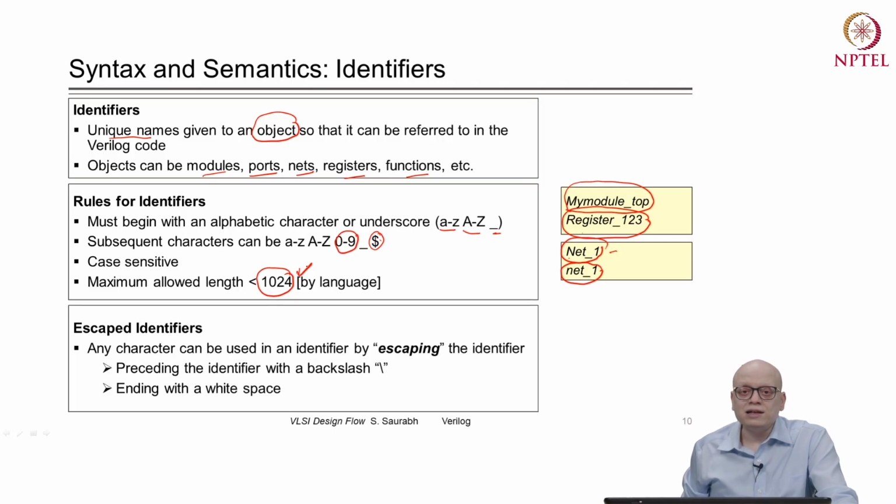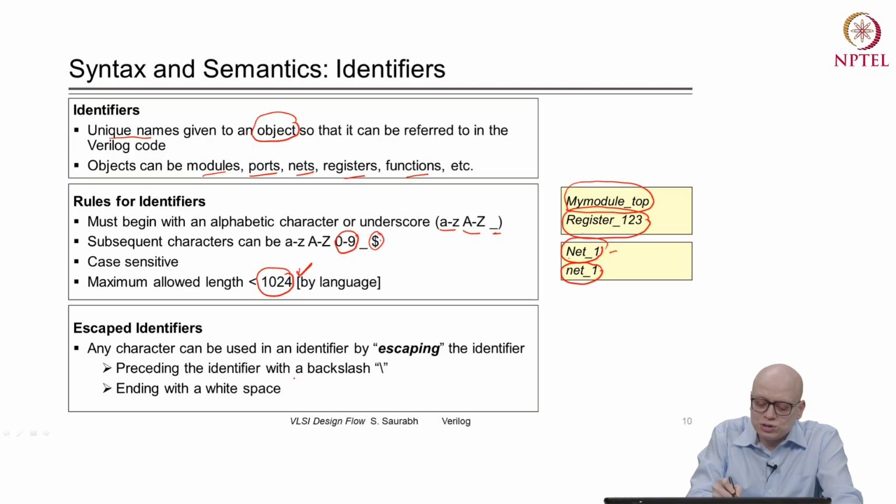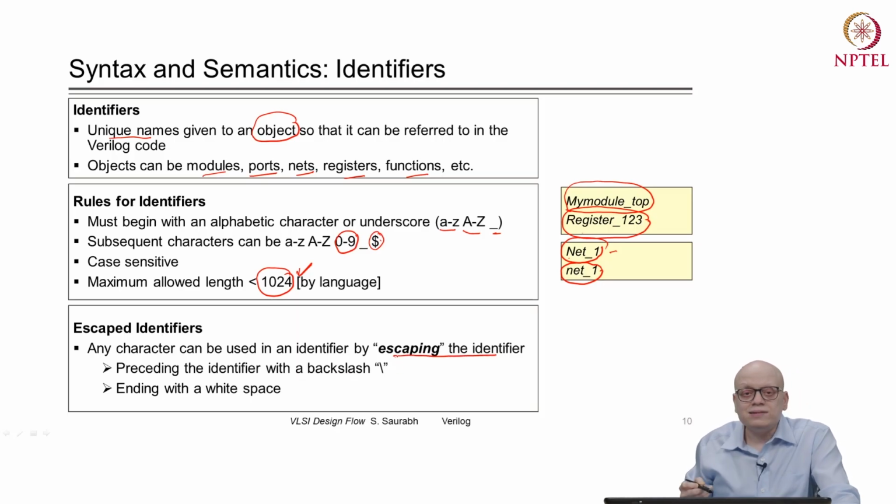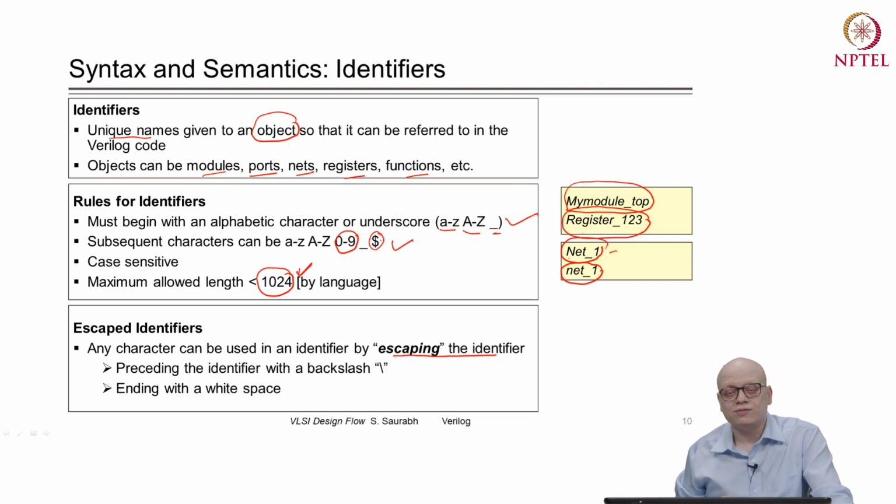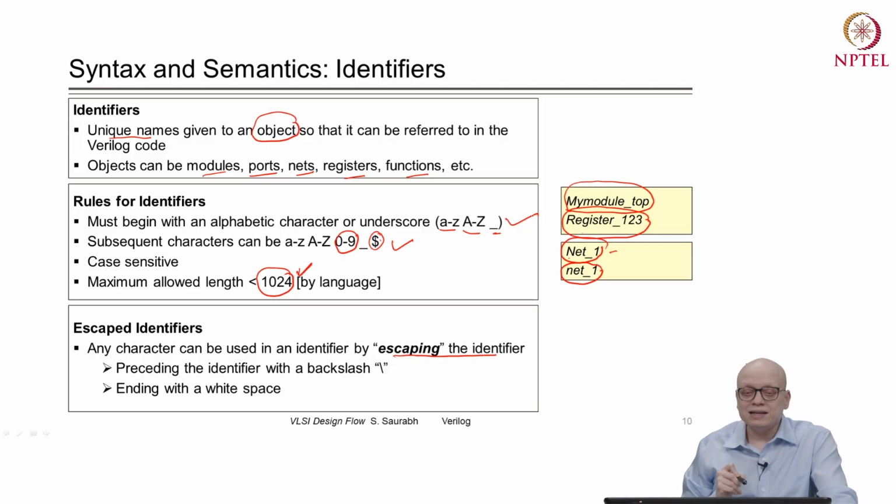Now, there is something known as escaped identifiers. Any character can be used in an identifier by escaping the identifier. It means that in addition to the characters we have said are allowed in an identifier, if we want to use other characters, can we use them? Yes, we can, but in that case there is a rule we have to follow.